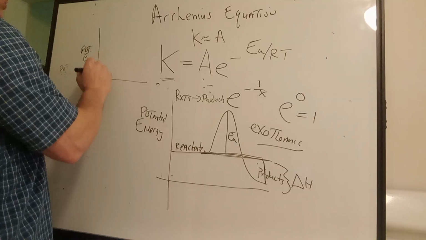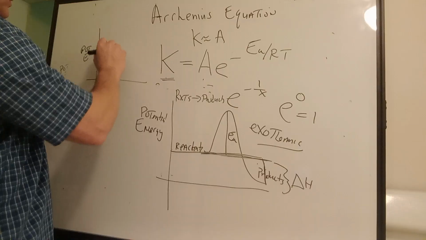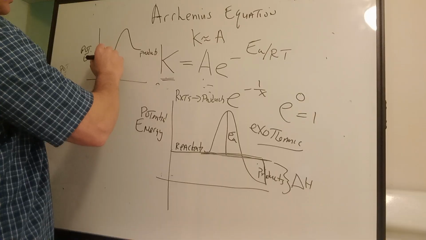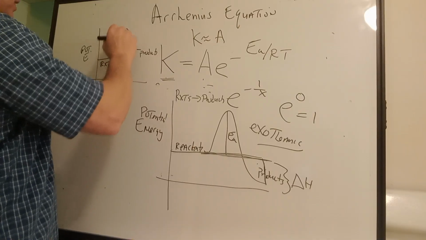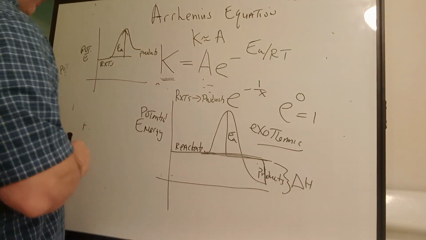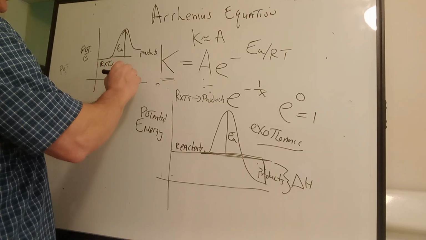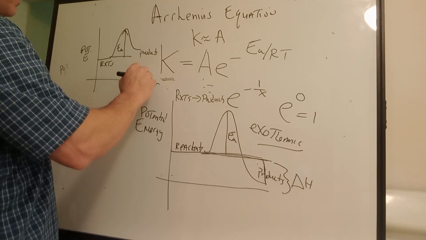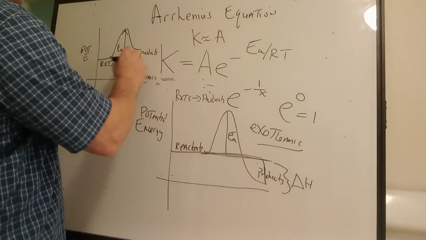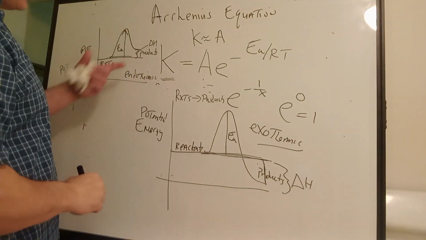Let's make this potential energy. Here's the reactants. There's a hump. And here's the products. This distance here for the forward reaction is still the activation energy. This is endothermic, because the products are higher energy, so the distance here would give you delta H. The products are higher energy.